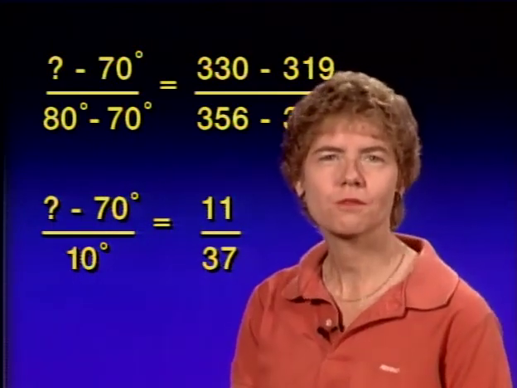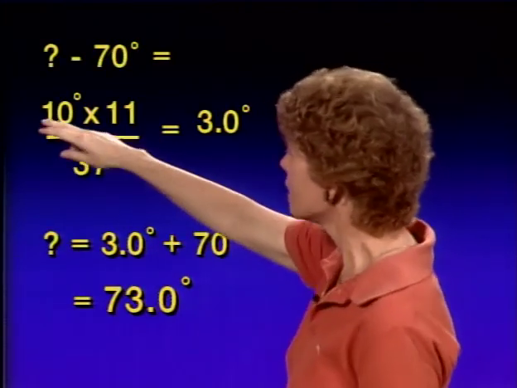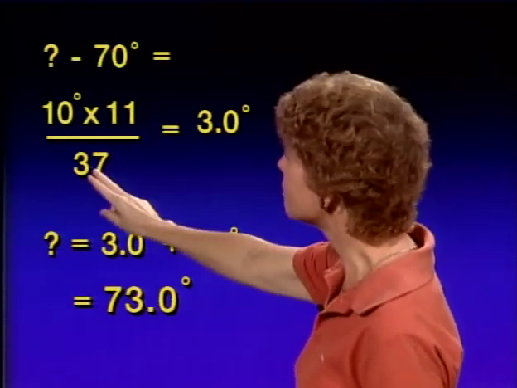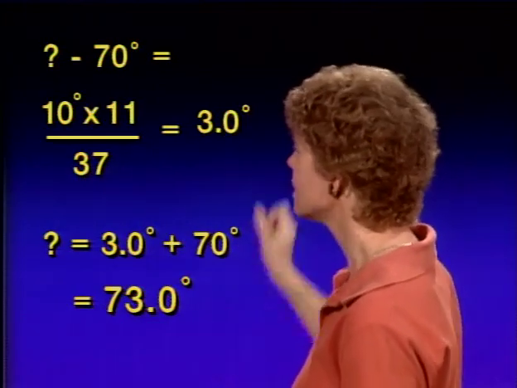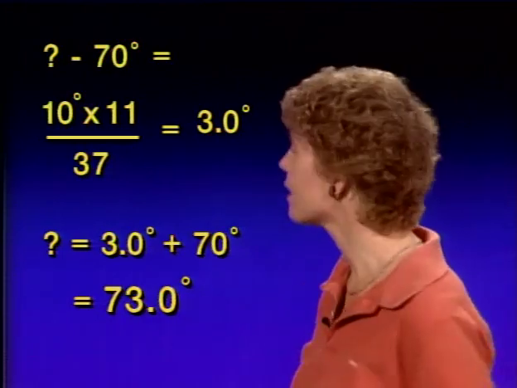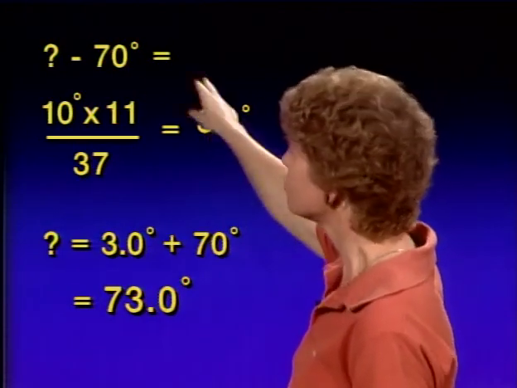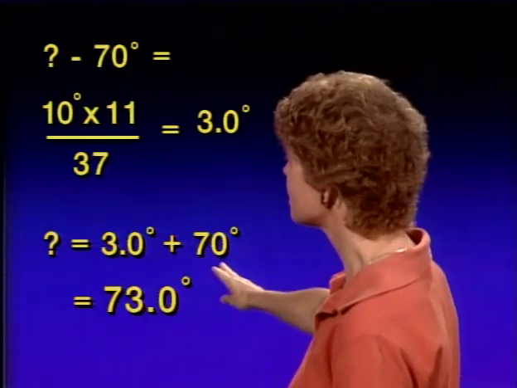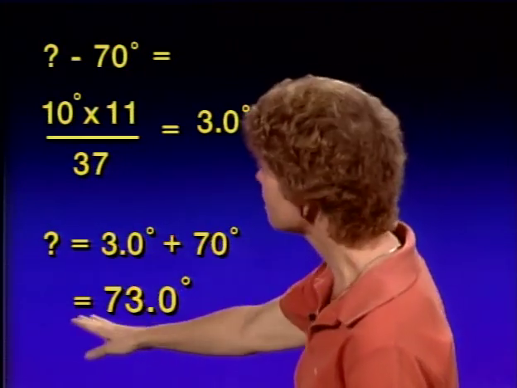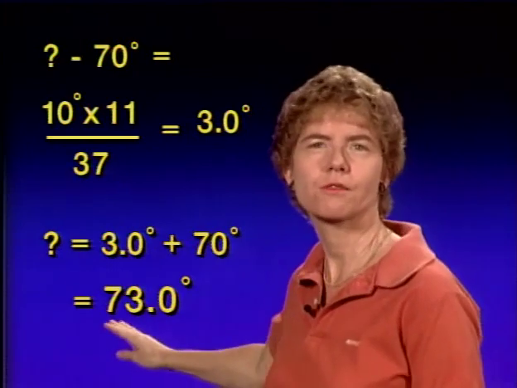And working on through the formula, here's what it looks like next. 10 degrees times 11 divided by 37 gives us 3 degrees Fahrenheit. And we add that 3 degrees Fahrenheit to the lower temperature of 70 degrees. 3 degrees plus 70 degrees means that our temperature is 73 degrees.